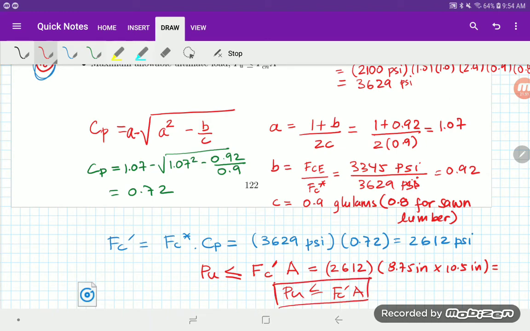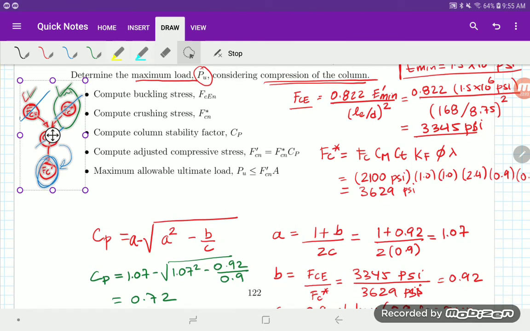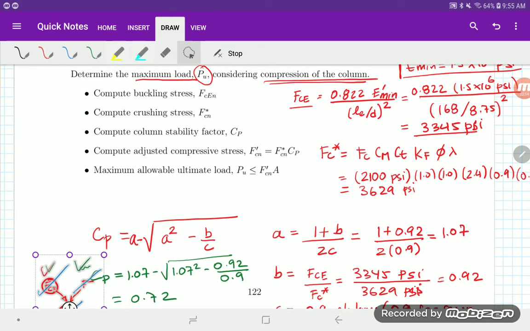So that was it: glulam column, LRFD. We went through it. We had a lot of steps, but really it comes down to this. We had to compute first our FC sub E and our FC star.